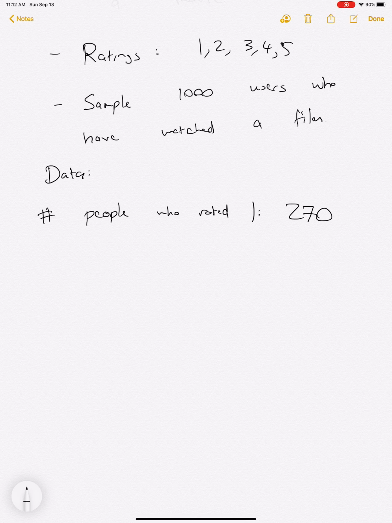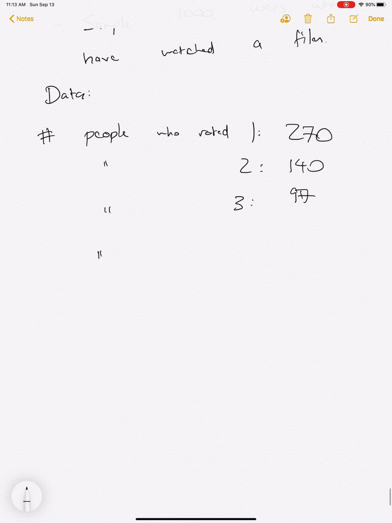This is, again, just fake data. The number of people who rated 2 is 140. 97 for the number of people who rated it as a 3. The number of people who rated it as a 4 is 228. And the number of people who rated it as a 5 is 265.